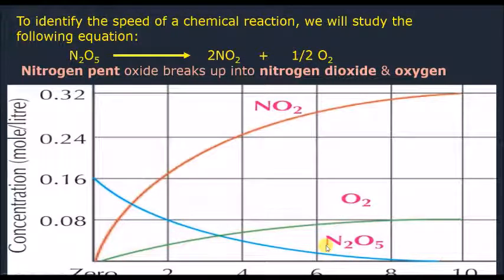So, as the concentration of the reactant decreases, the concentration of both products increases.